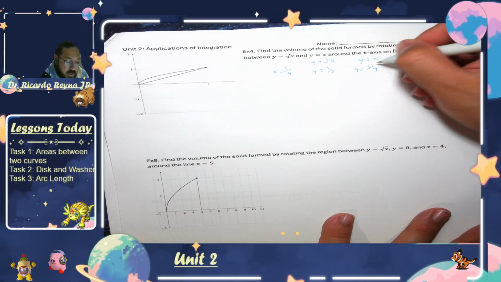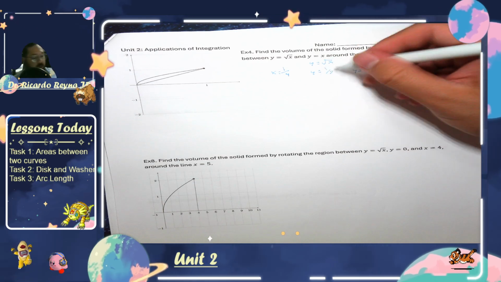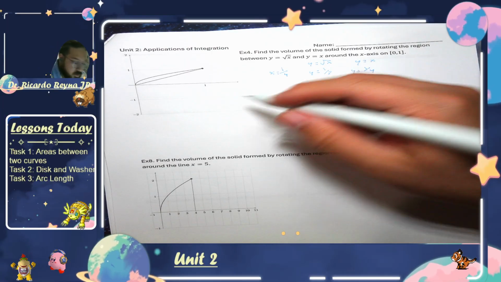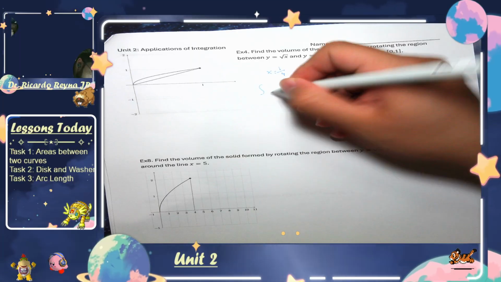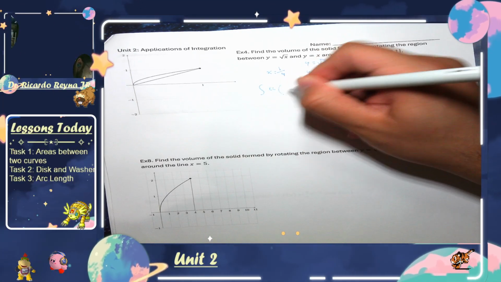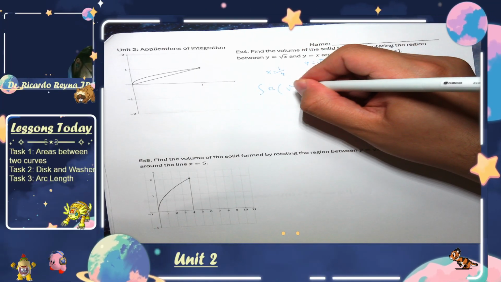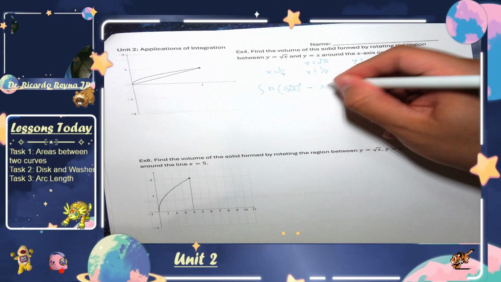So for sure, this guy is below this guy; the square root is on top, since 1/2 is greater than 1/4. So our setup is pi, parentheses, the top function, square root of x squared, minus the other function, x squared.